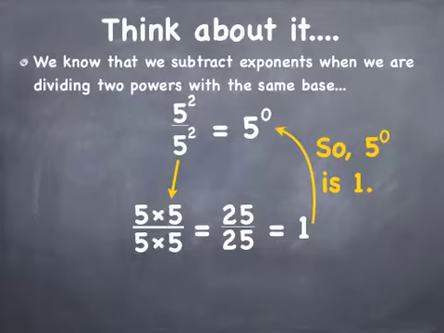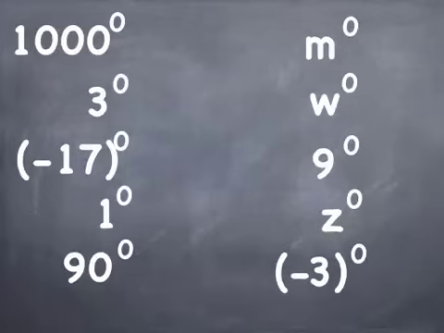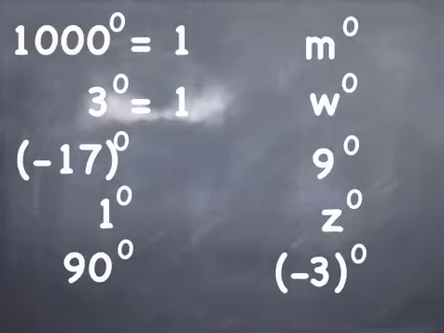And this is going to be true with any base that you use. So no matter what the base is, as long as it's anything other than 0, your base raised to the 0 power will always be 1. So if we have 1,000 to the 0 power, the answer is 1. If we have 3 to the 0 power, the answer is 1.